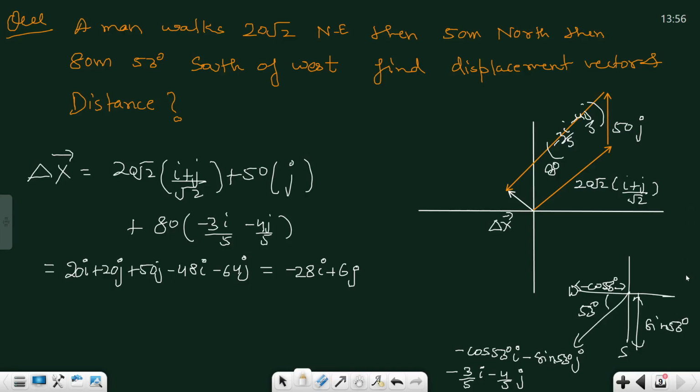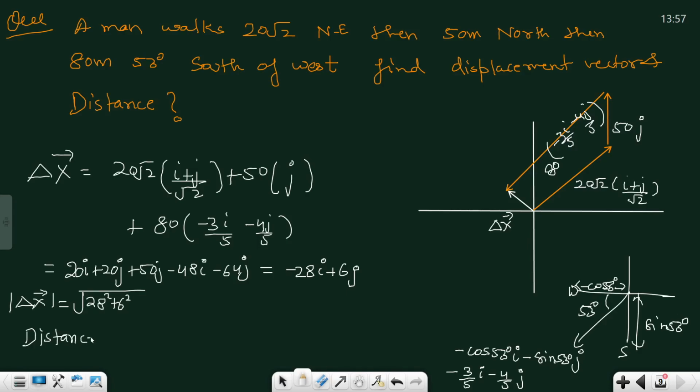Clear? Yes, sir. Chalo. So does it match? Yes, sir. So this is the displacement vector, and the magnitude will be the square root of 28 square plus 6 square. And what about the distance?